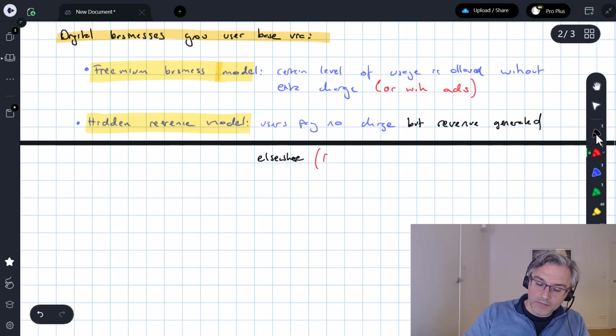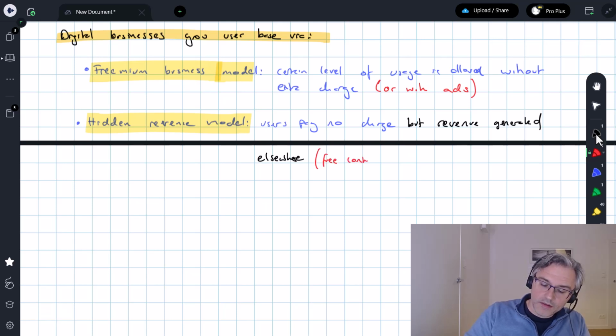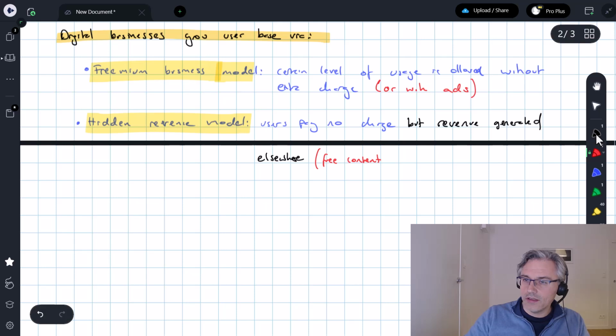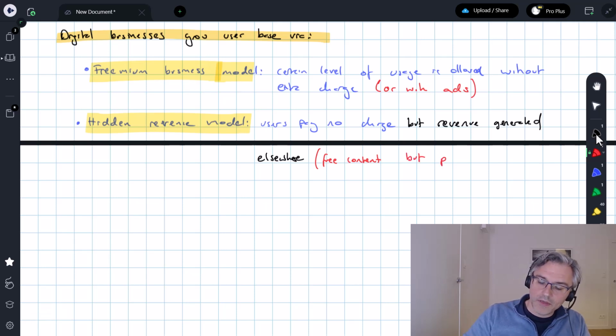So, for example, you get access to free content, but somebody pays for the advertising that you watch.